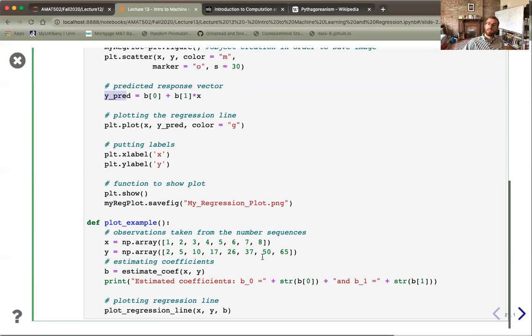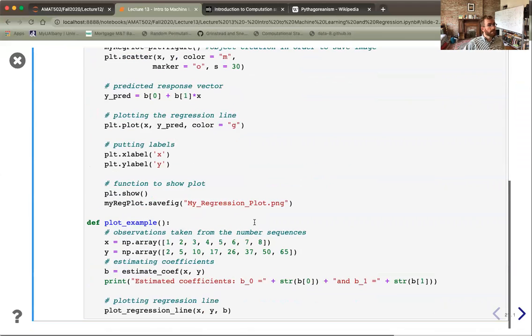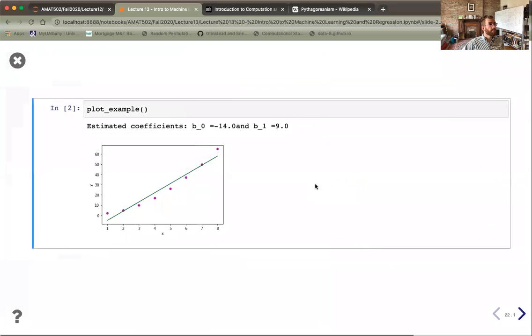But if I assumed that there was a linear model, so I'm going to do linear regression here, we're going to see that this probably doesn't work, but let's go ahead and see what happens. All right. So that stores all my functions in memory. Let's go ahead and plot.